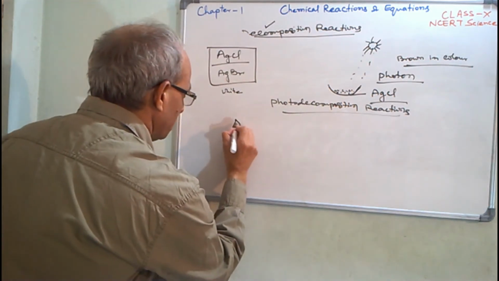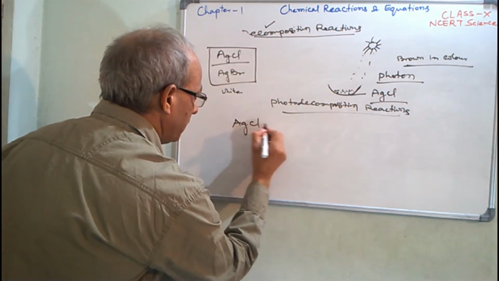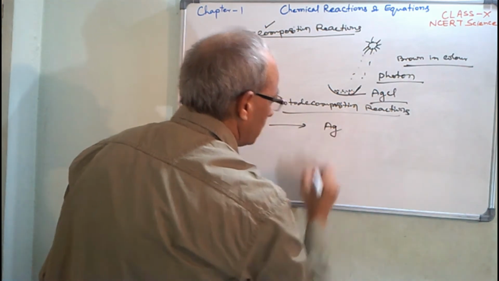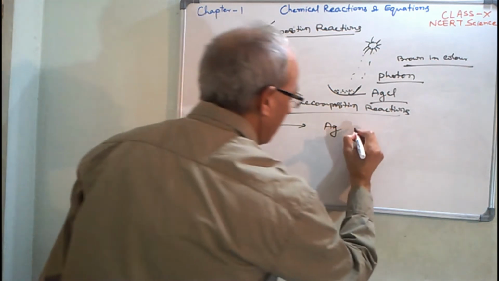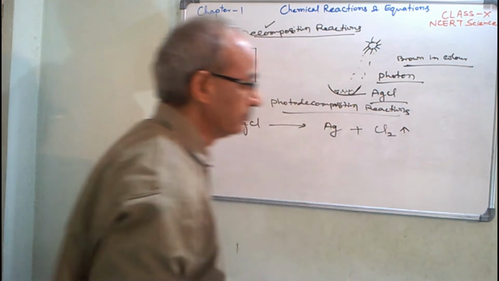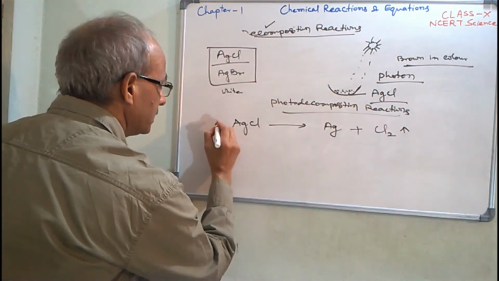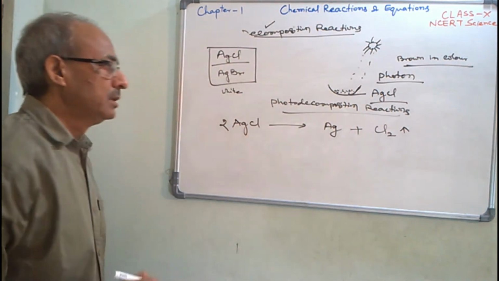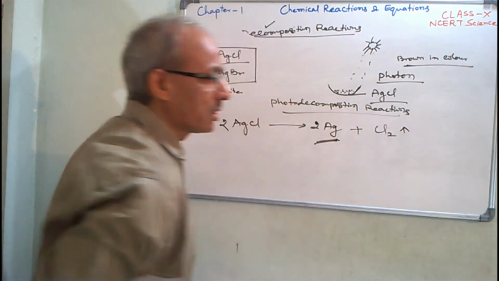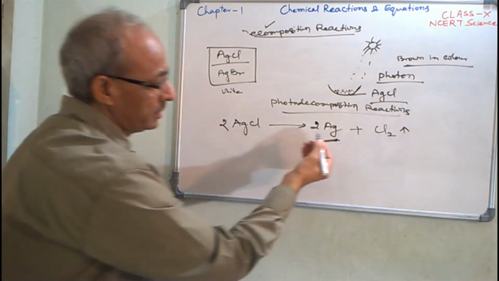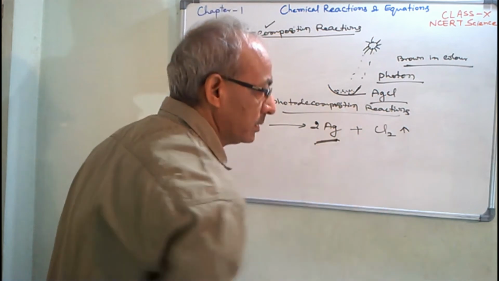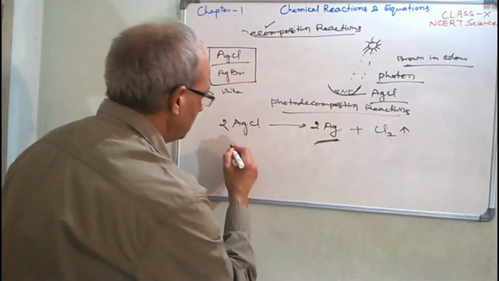Here the silver chloride splits into silver, and chlorine gas is released. Now we will balance this chemical equation. Due to the formation of silver, there occurs a change in color.